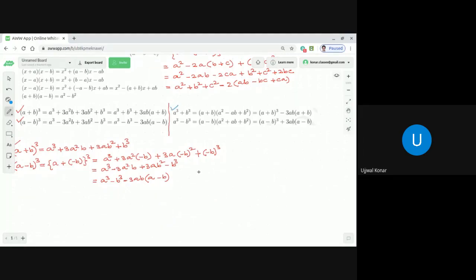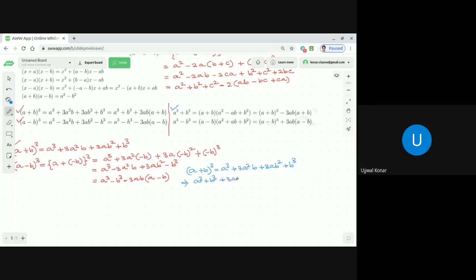So what we know, dear students, is that (a + b) whole cube is equal to what? A cube plus 3a square b plus 3ab square plus b cube.